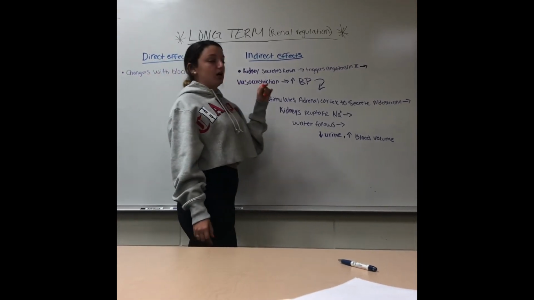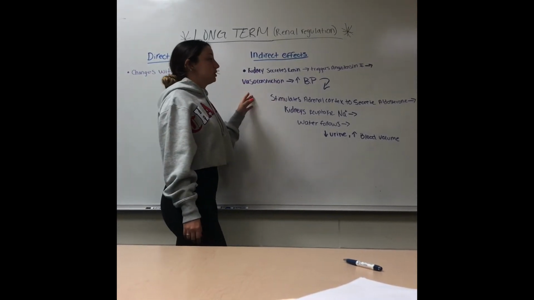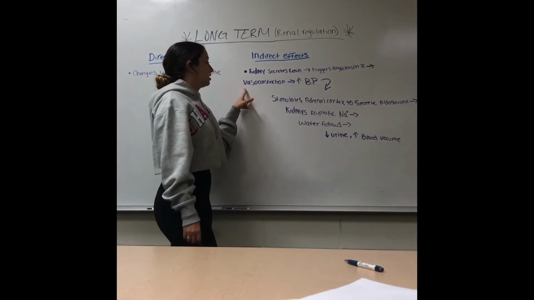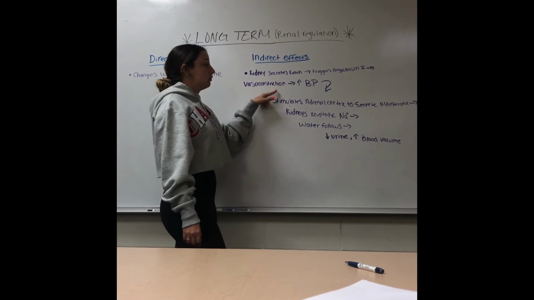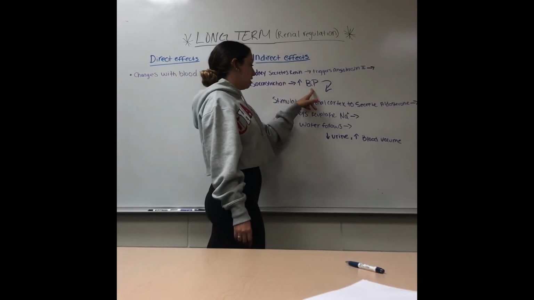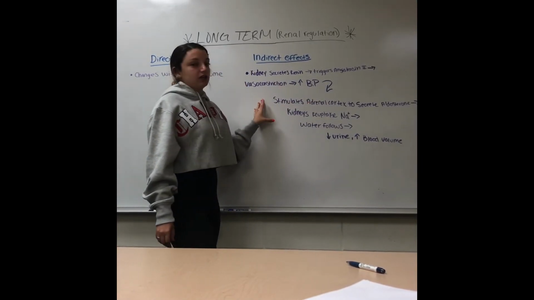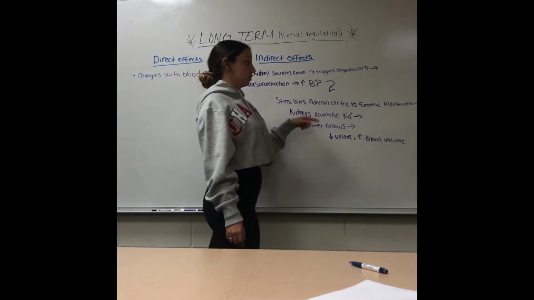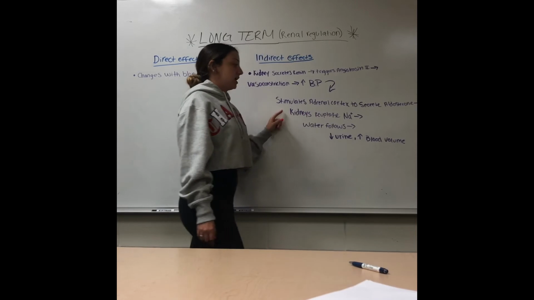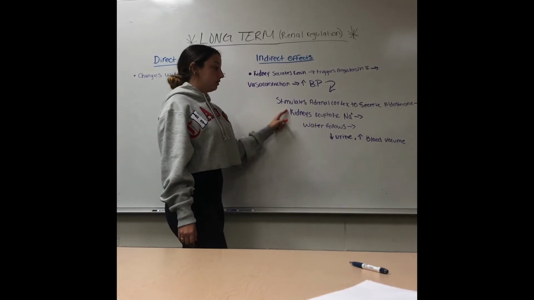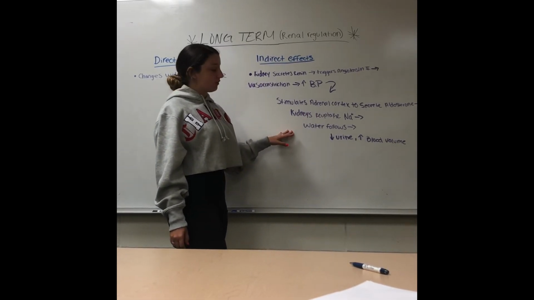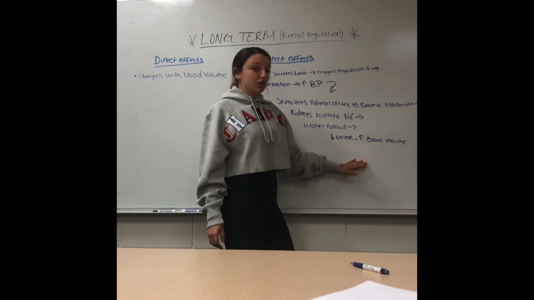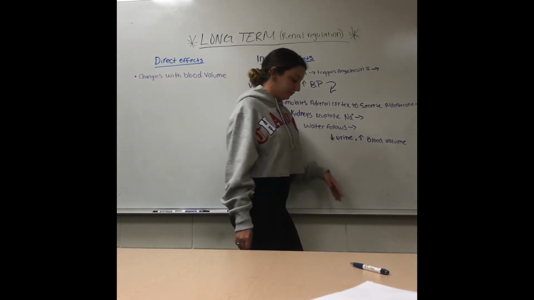Kidneys secrete renin, which is going to trigger angiotensin II, which is then going to cause vasoconstriction, which is going to raise the BP. And then there are other outlets after this happens. It can stimulate the adrenal cortex to secrete aldosterone, and then the kidneys are going to reuptake more sodium, that means the water is going to follow, so then you're not going to pee as much, and then your blood volume is going to go up even more as well.